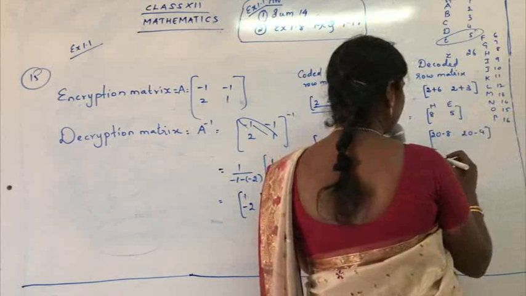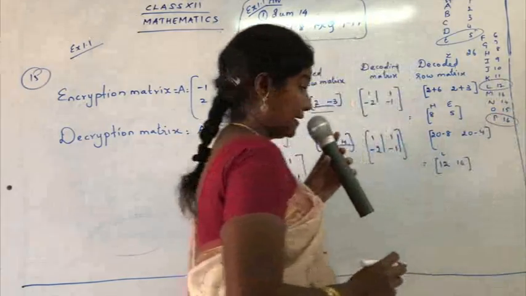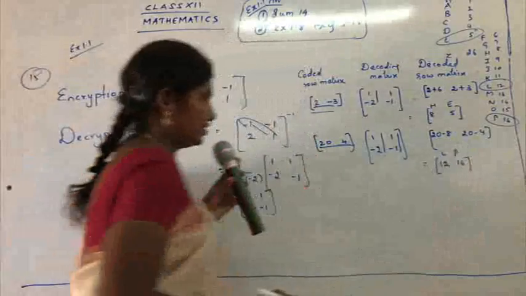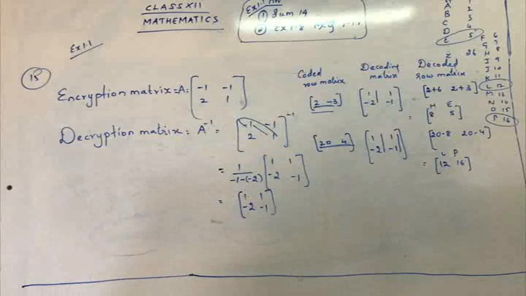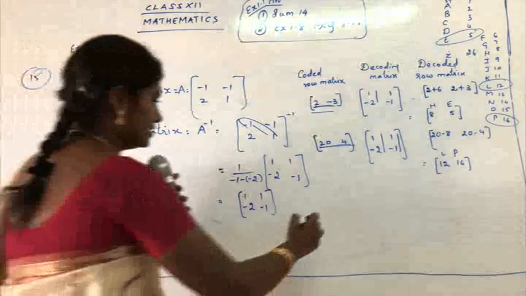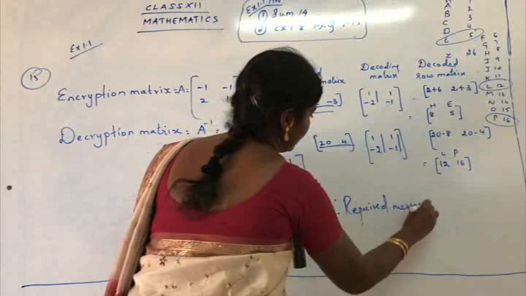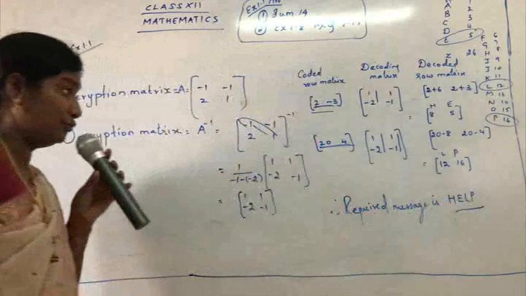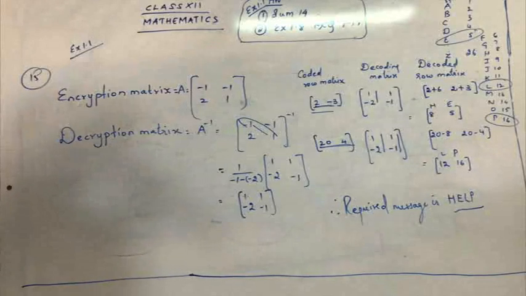The corresponding alphabet for 12 is L, and for 16 it's P. So what is the message we get here? The message is HELP. The question was to decrypt the received encoded matrix, so the required message is H-E-L-P. Do not use small letters; you have to use only capital letters. So we have completed our exercise 1.1.